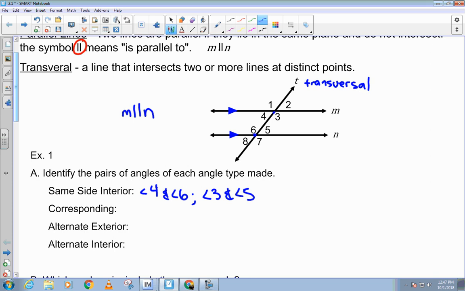Then we have what's called corresponding angles. Corresponding angles are on the same side of the transversal, on the same side of the parallel lines. For example, angle 1 and angle 6, those are corresponding. They're both to the left of the transversal, above the parallel lines.